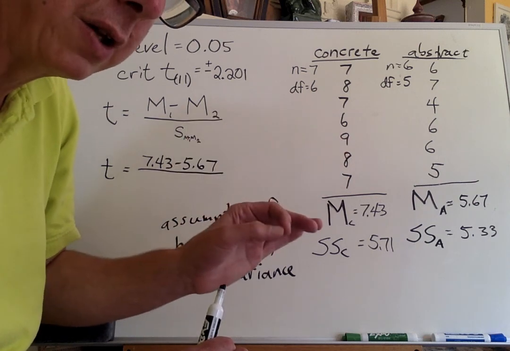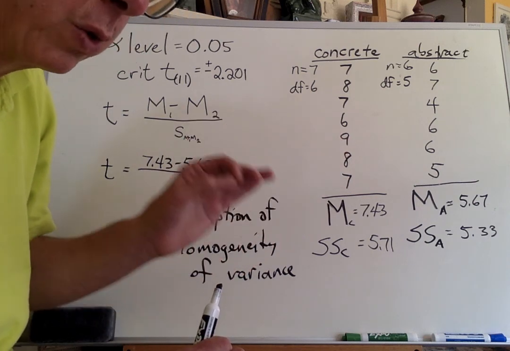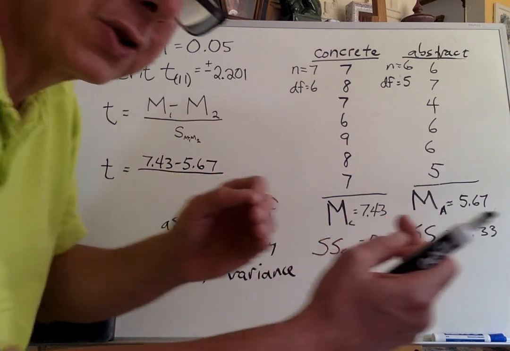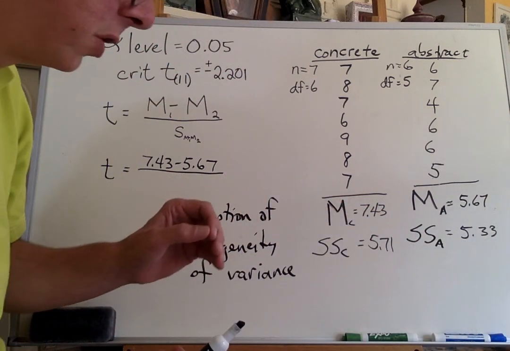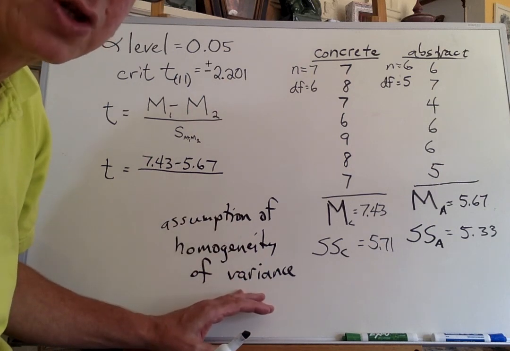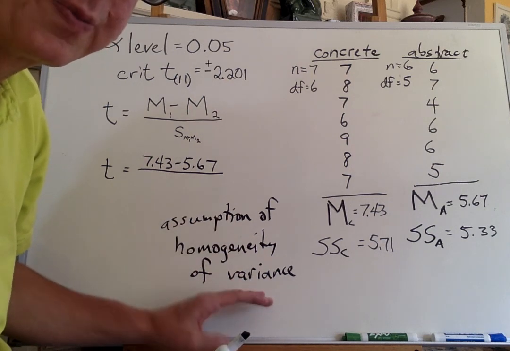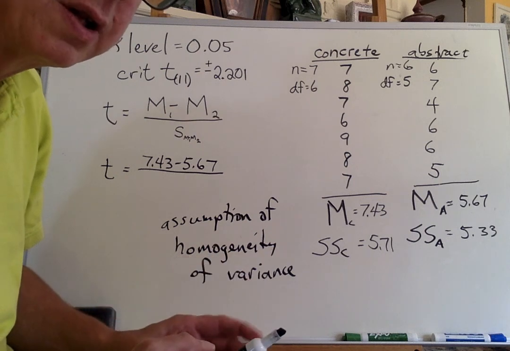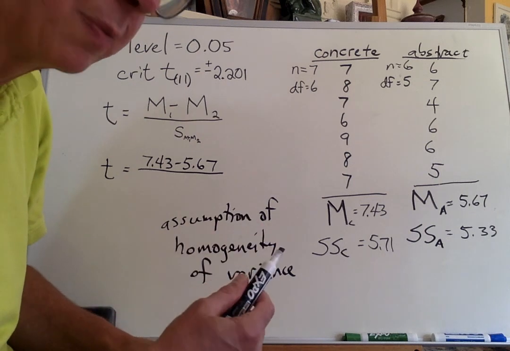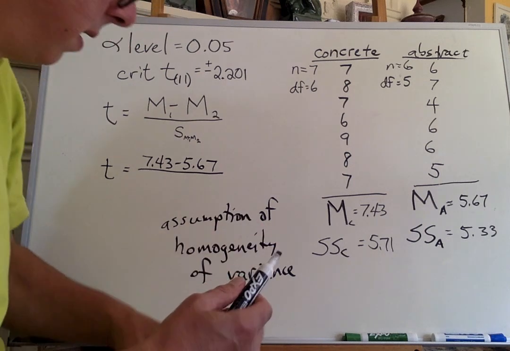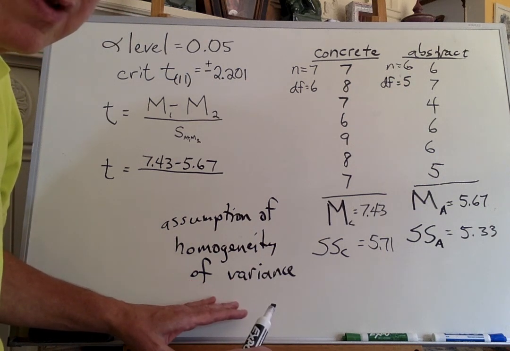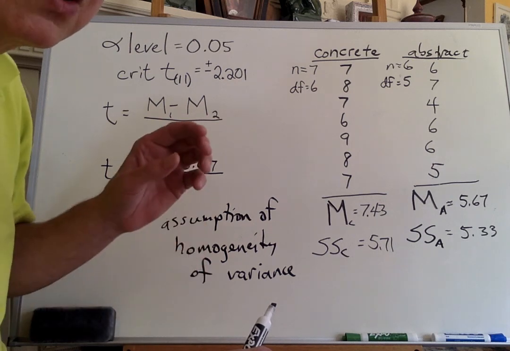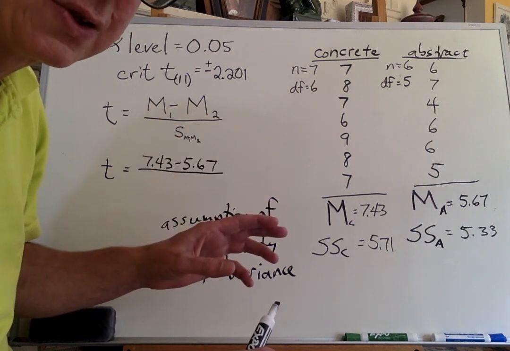If we reject the null, though, we're assuming that the treatment just pushes the curve up or down, and so we should still be able to make this assumption of homogeneity of variance. But if the data show us something different, if we suspect that we might not have this, then we would need to do a different statistical test.